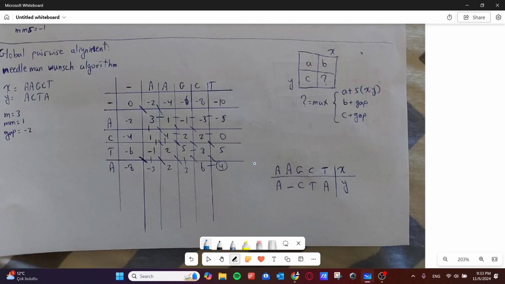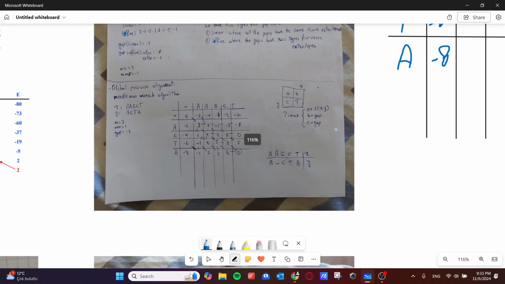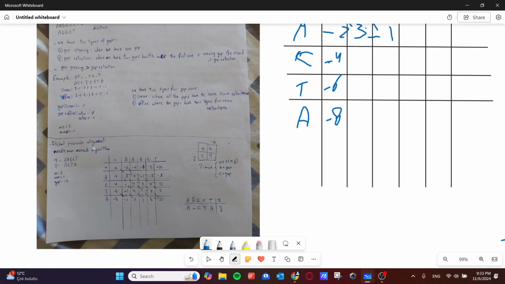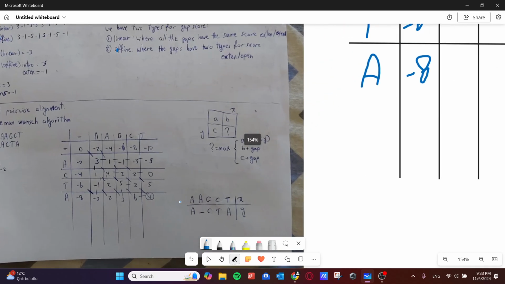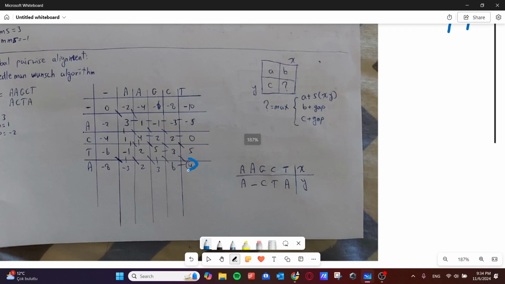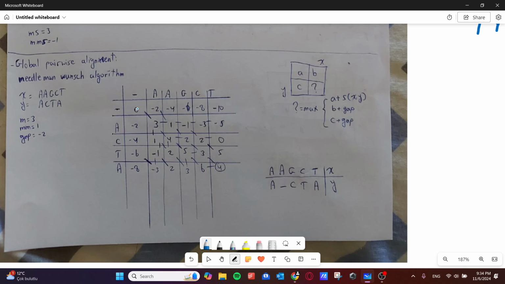Now in the global pairwise alignment, we always mark the most bottom right number. In our case, it's 4 here, and we have to go to the most top left.